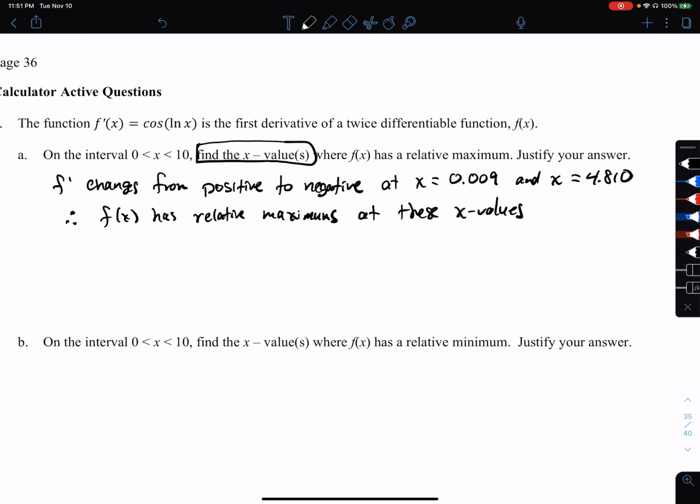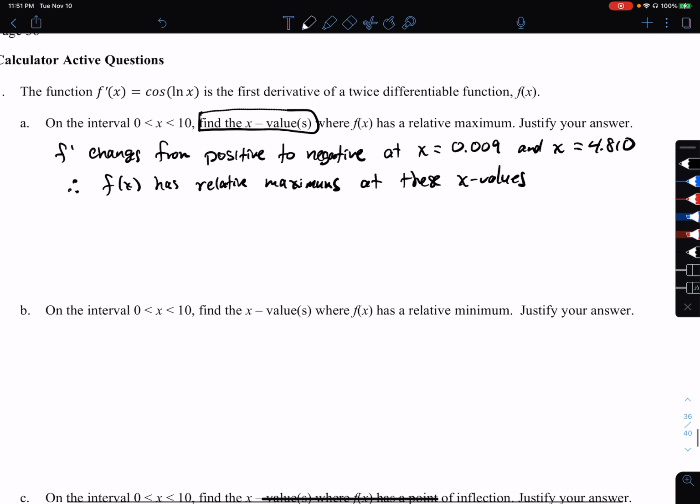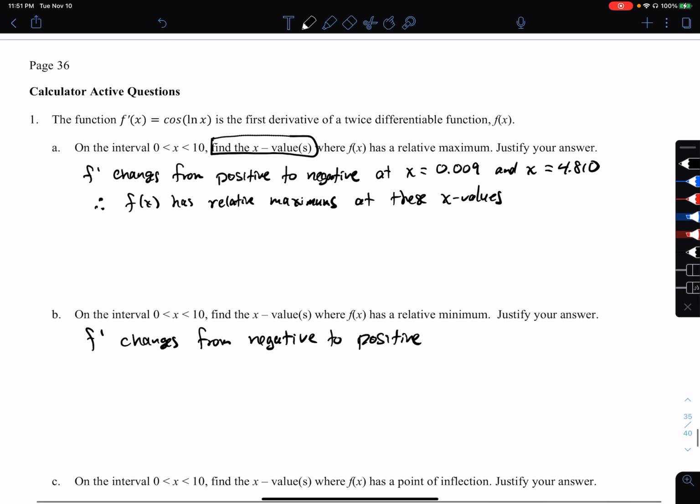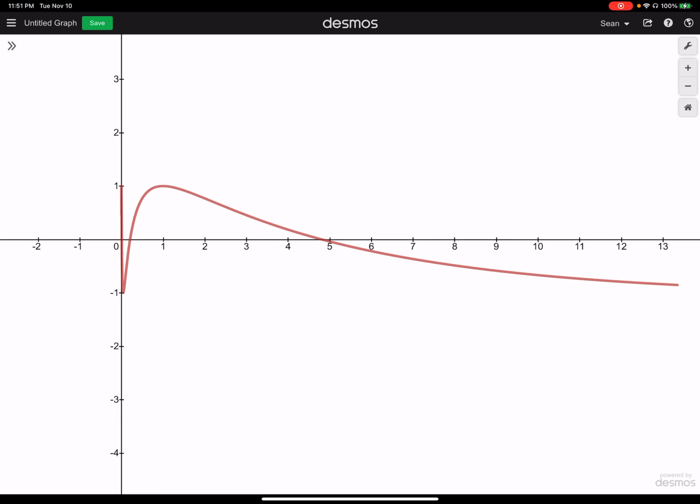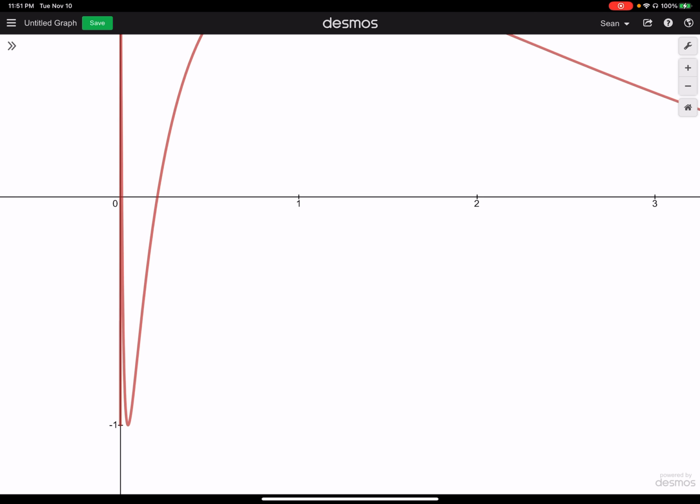Second question, what are the x values that f has relative minimums? Well, here we're looking for when f prime changes from negative to positive. So let's look at our graph and see when that happens. Changing from negative to positive definitely happens right here.